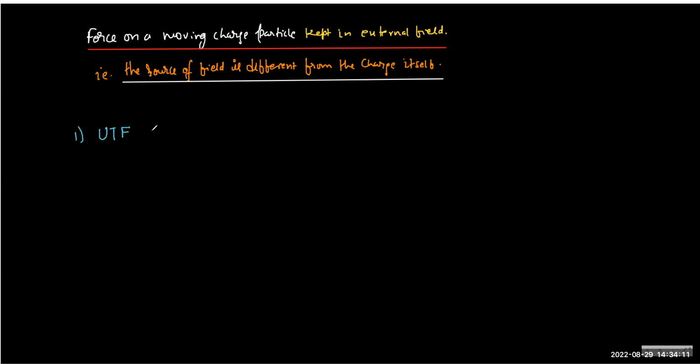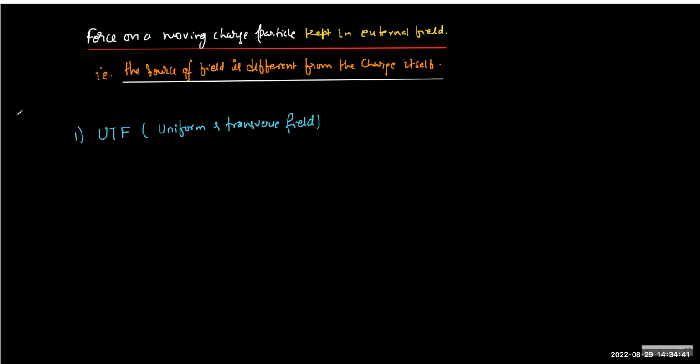UTF, which means uniform and transverse field. So the external field will be uniform throughout the space, and also it will be perpendicular to the velocity of projection direction. The direction in which you are projecting the charged particle and the magnetic field will be mutually perpendicular.